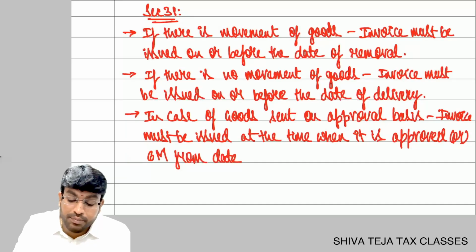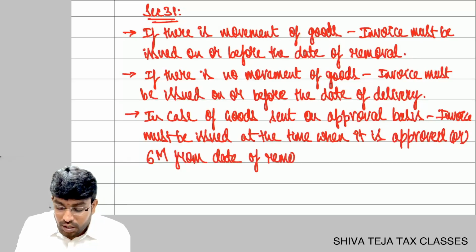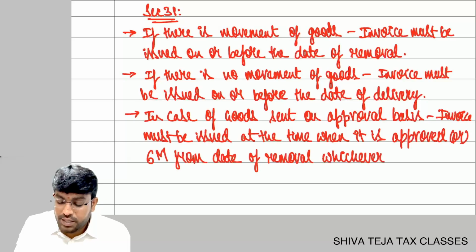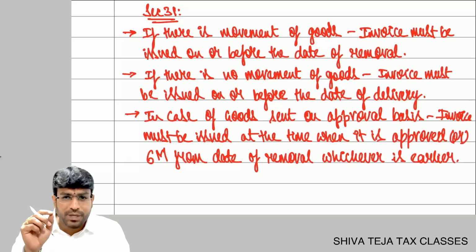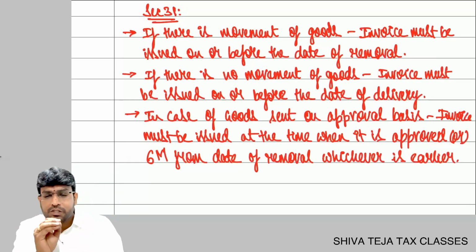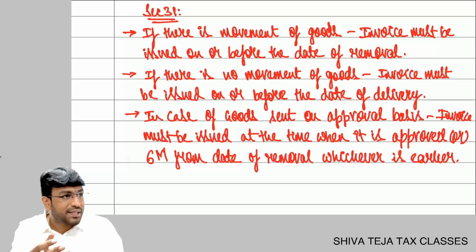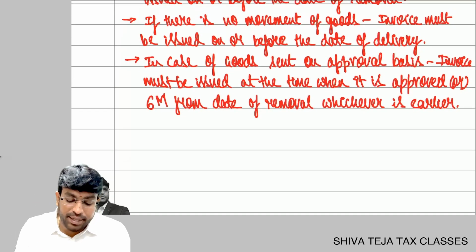I'm sure you know that concept. How many months, my dear friends? 6 months from the date of removal, whichever is earlier. Very, very important line. In case goods sent on approval basis, invoice must be issued at the time when it is approved, or 6 months from the date of removal, whichever is earlier. Is that clear?